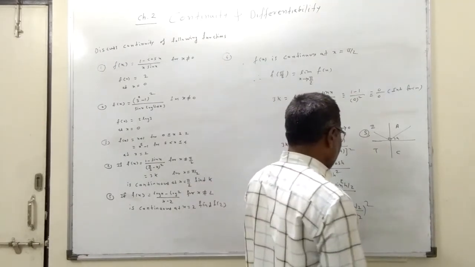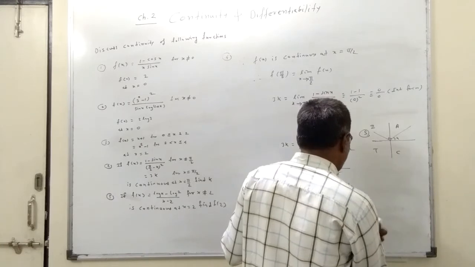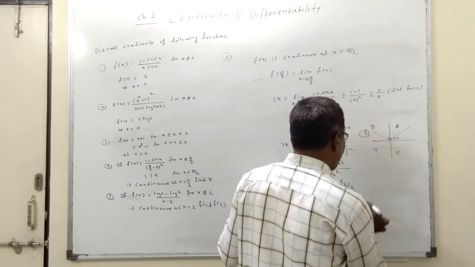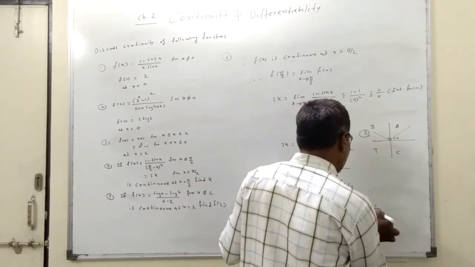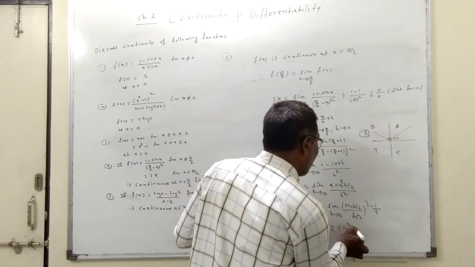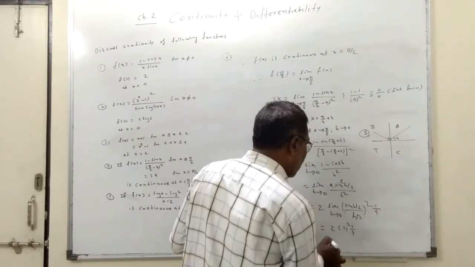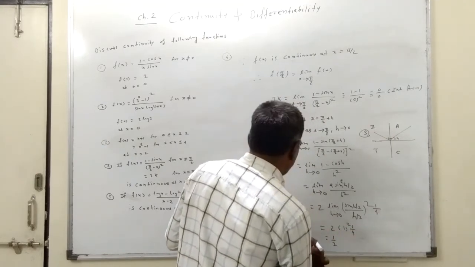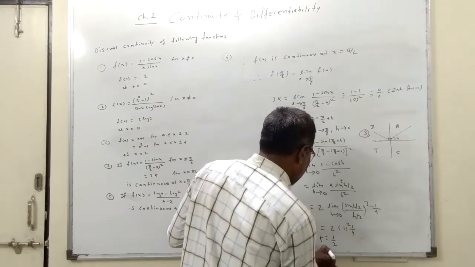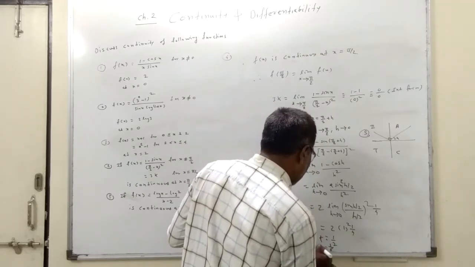We have divided the denominator by 2 square, that is 4, so you multiply the denominator by 4. So that is equal to 2 into 1 square into 1 upon 4, the limit of a constant is the constant. So 1 upon 2. So 3k is equal to 1 upon 2. Therefore, k is equal to 1 upon 6.